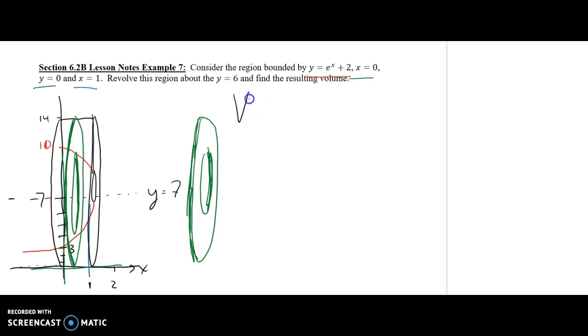And so my volume is, once again, I notice that I have a delta x here. So my volume is going to be dx, but it's the area function, and this is going to be pi times r, the radius of the outer circle squared, minus pi times the radius of the inner circle squared.